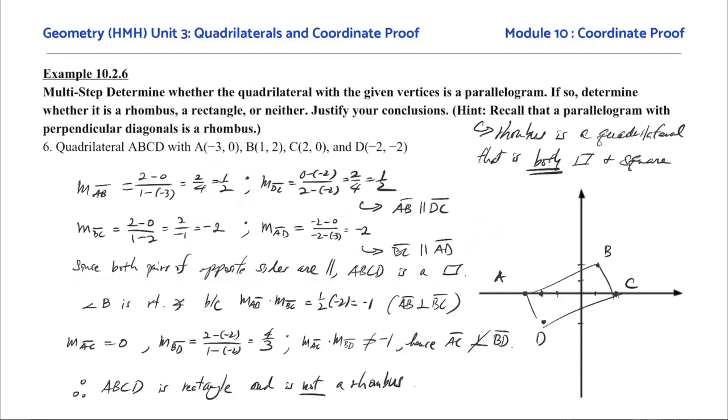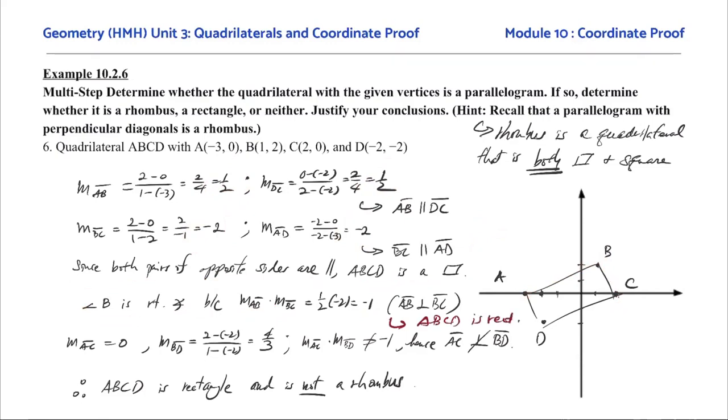Now I know that B over here is a right angle because the product of the slopes of AB and BC, what's AB equal to? 1/2. BC is equal to -2. It's -1. So I know they're perpendicular, right? Because of that, we could say that ABCD is a rectangle.